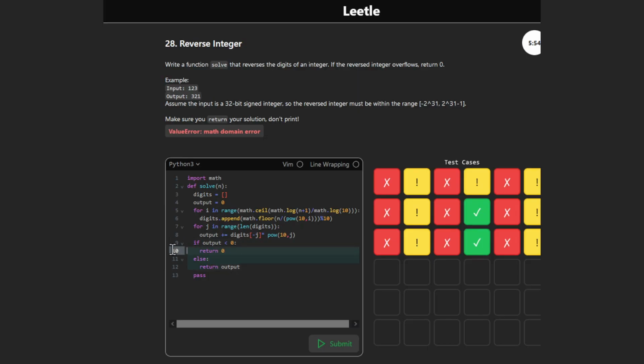Let's just do return output and ignore. Oh, this is annoying. Okay. Math domain error. Where? Math.log of n plus 1. Oh, it might be integer overflowing immediately?